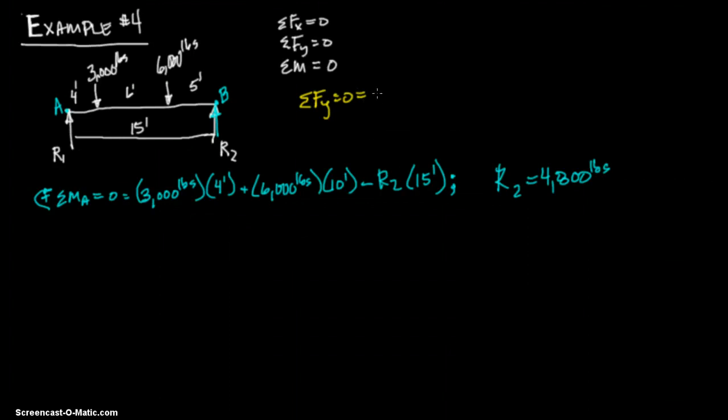And we're saying R1 is positive. Let's go left to right. R1 minus 3,000 pounds minus 6,000 pounds plus R2, which is 4,800 pounds.